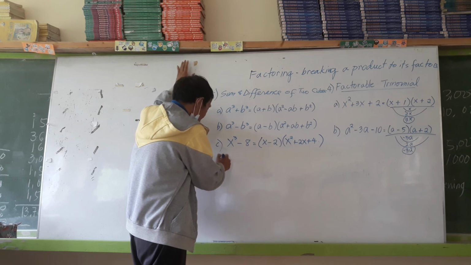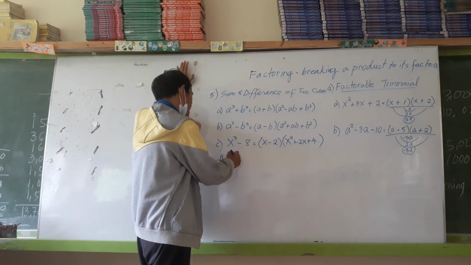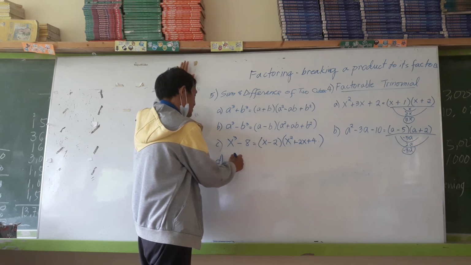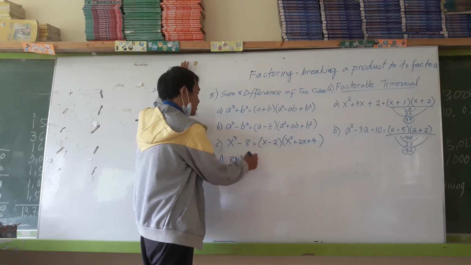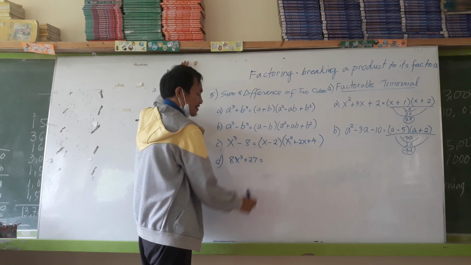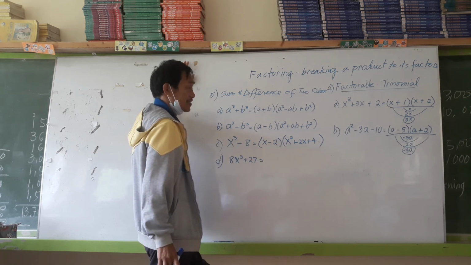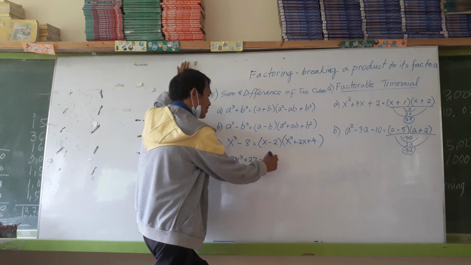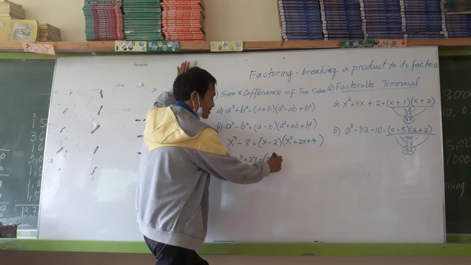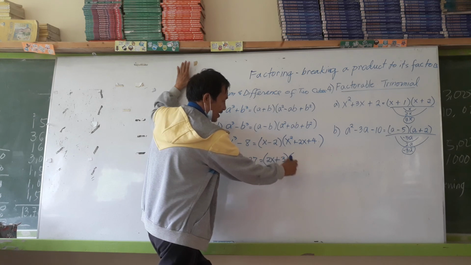Okay? One more example. Say 8x cubed plus 27. Okay, 27 is a perfect cube. Its cube root is 3. So, 8x cubed, that will give you 2x. Follow the sign. Cube root of 27, that will be 3.